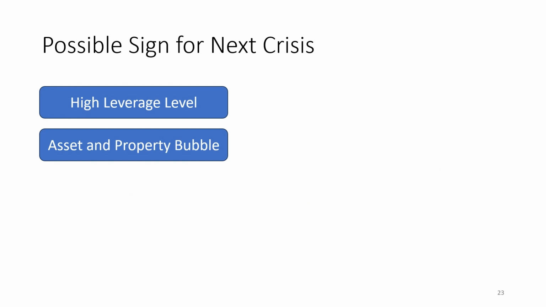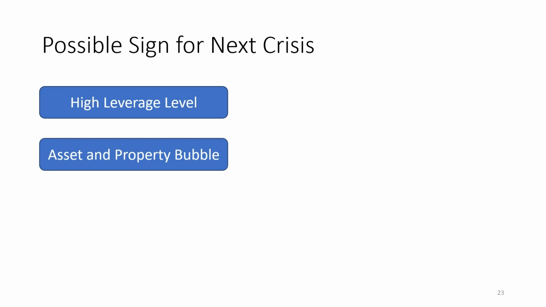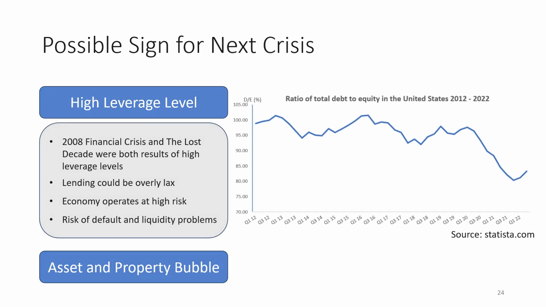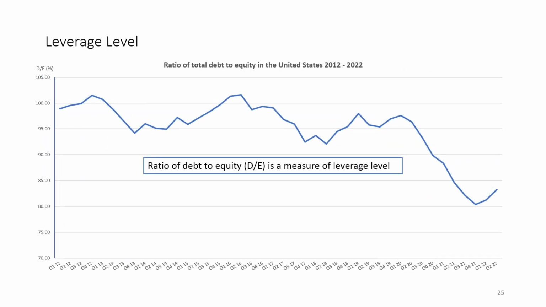Now I will talk about the possible signs of the next financial crisis. We find two possible signs here. We all know that a high leverage level would be a cause of a financial crisis. High leverage level basically means high risk of default and liquidity problems, which lead to a crisis. To measure the leverage level, we can use the debt to equity ratio, the DE ratio.